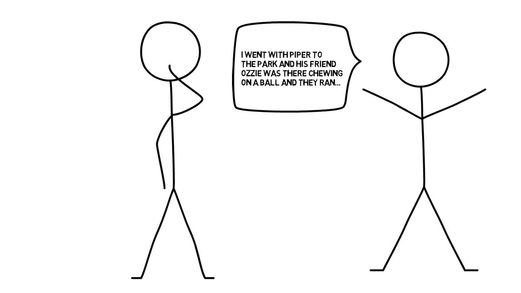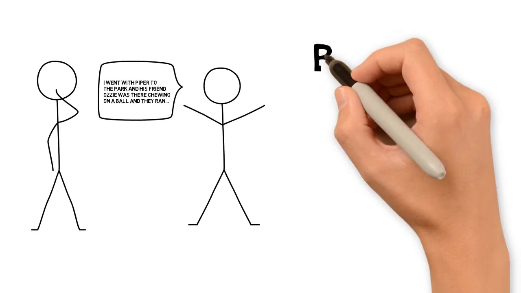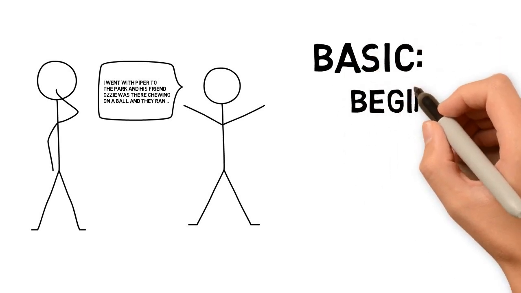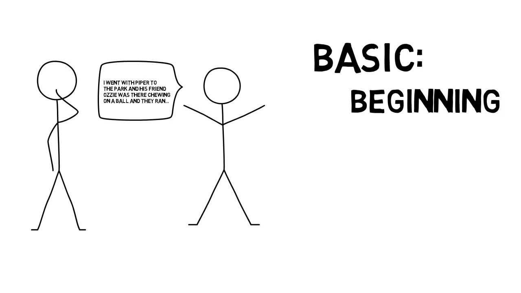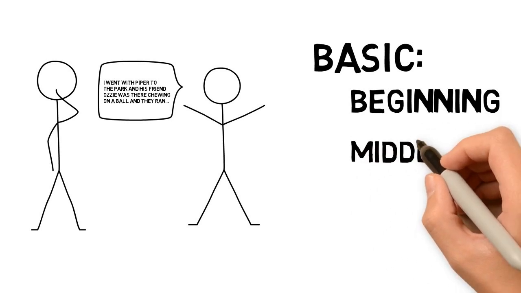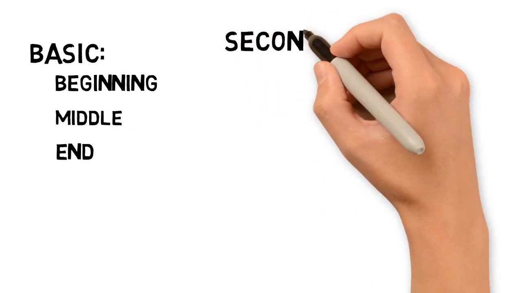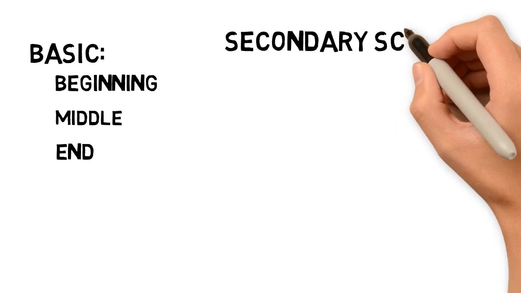At its most basic, a story is a form of communication with a beginning, middle, and end. We can get slightly more complicated by going back to secondary school, if you can think back that far.